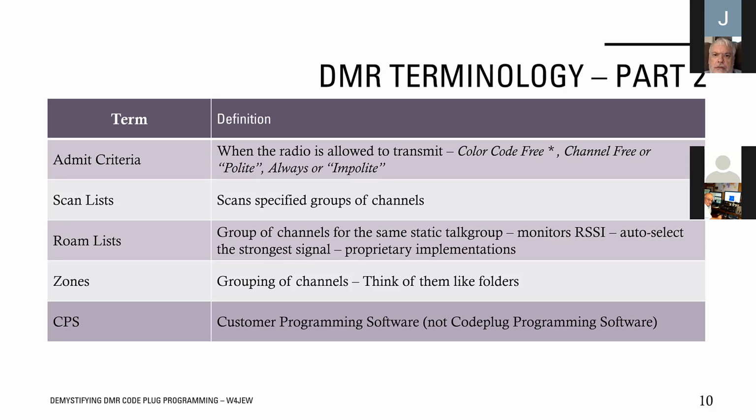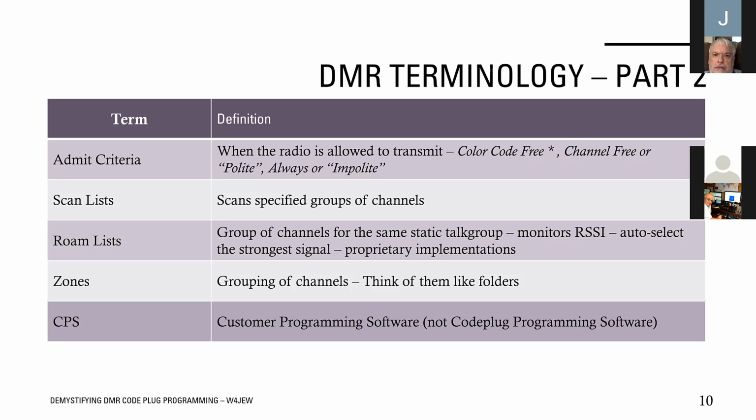And that basically says, can I key up over top of somebody else who's already speaking or not? So sometimes you'll hear them called color code free or channel free. You may also hear polite or impolite. It depends on the manufacturer. They're both referring to the same thing. It's admit criteria. Color code free is what we typically use in digital.